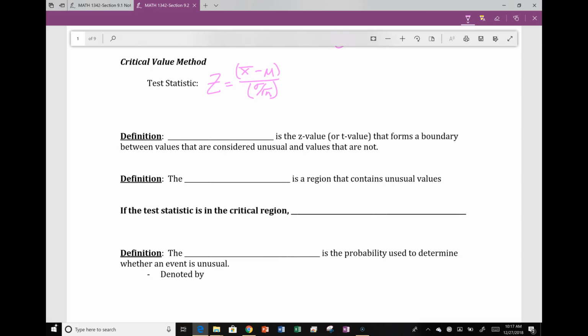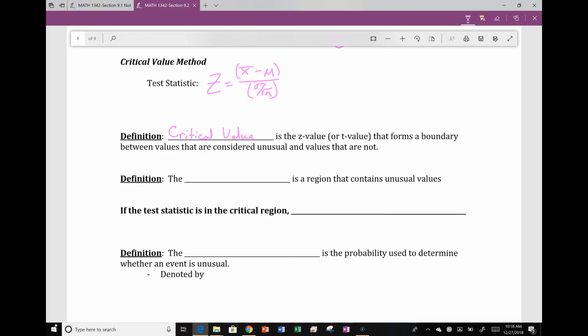Okay, so there are two different methods even within this that we can use. The first one is called the critical value method. The critical value is the z-score that forms a boundary between the values that are considered unusual and values that are not. Think about what is considered unusual.